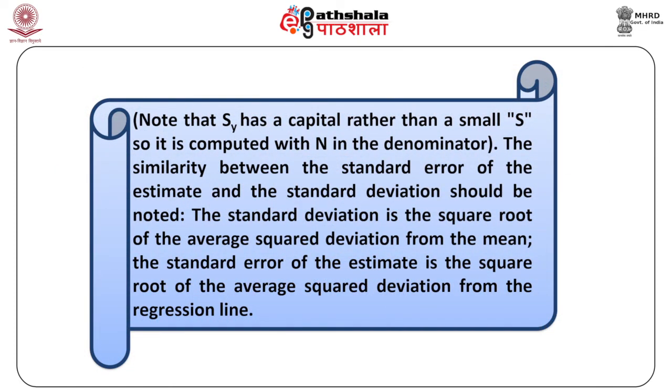Note that S y has a capital rather than the small s, so it is computed with n in the denominator. The similarity between the standard error of the estimate and the standard deviation should be noted. The standard deviation is the square root of the average squared deviation from the mean. The standard error of the estimate is the square root of the average squared deviation from the regression line.